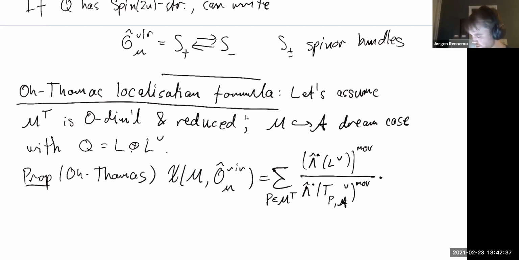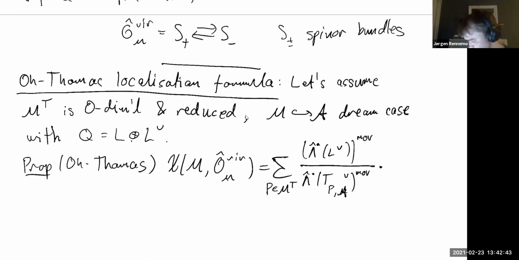So I had a formula down wrong in my notes. So let me try and give you the right one. So you write down these... at a fixed point you take the moving part, the complement to the T fixed part.